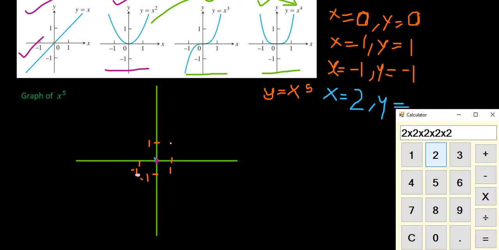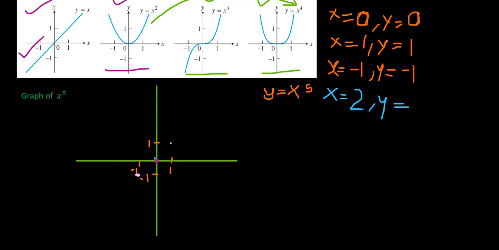By multiplying 2 five times we get 32. So we can simply write it over here.